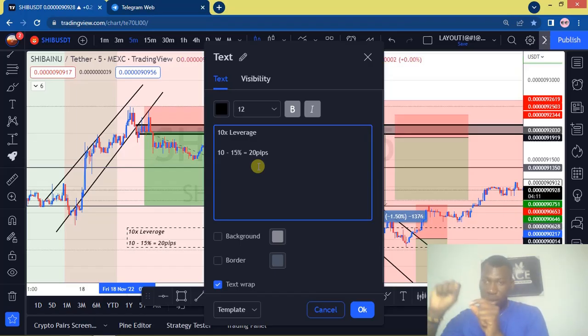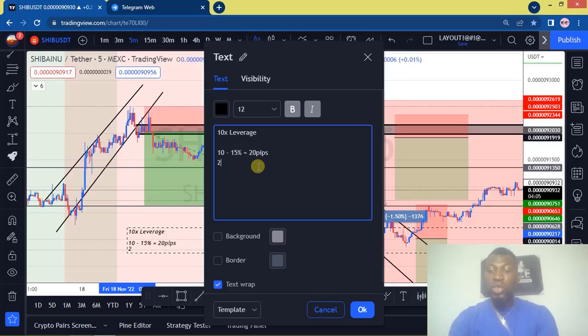When you do a trade and the profit is showing green, 10 to 15% means that you have done 20 pips. When it's 20 to 28%, it means 40 pips on that trade.